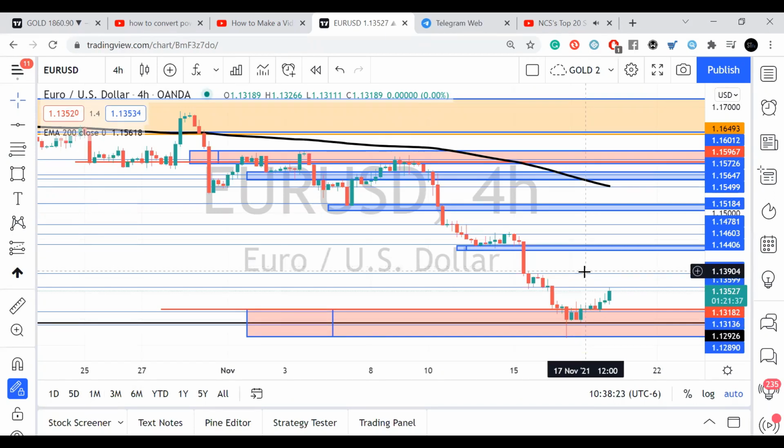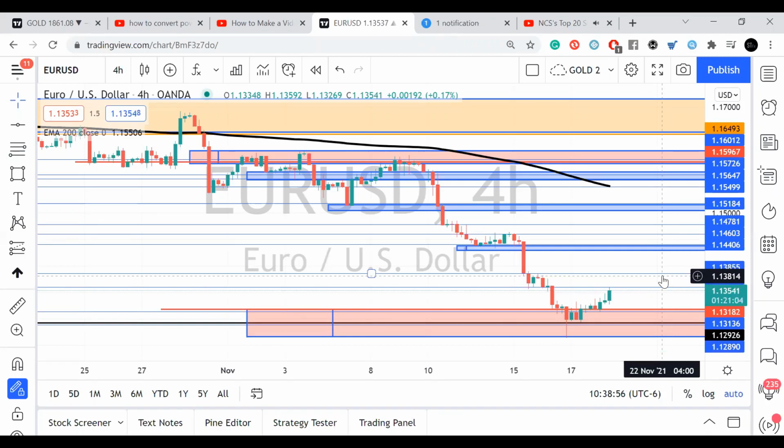My TP will be, since the next one is 13,850, I can actually do 13,800. 13,800 as my TP. I buy it. I'm in a buy now.